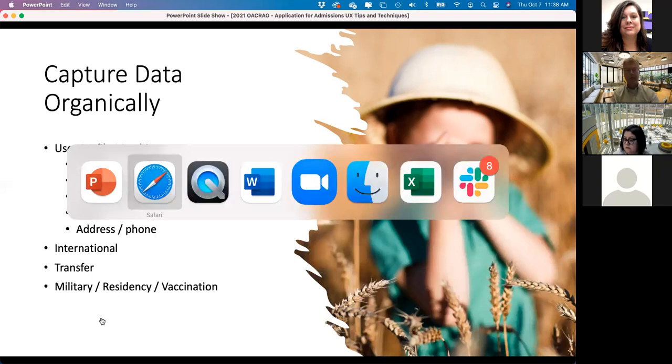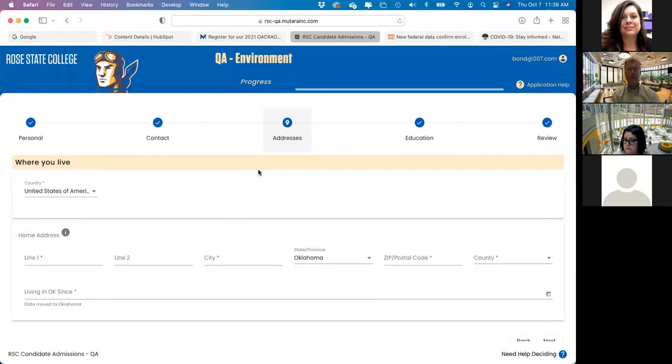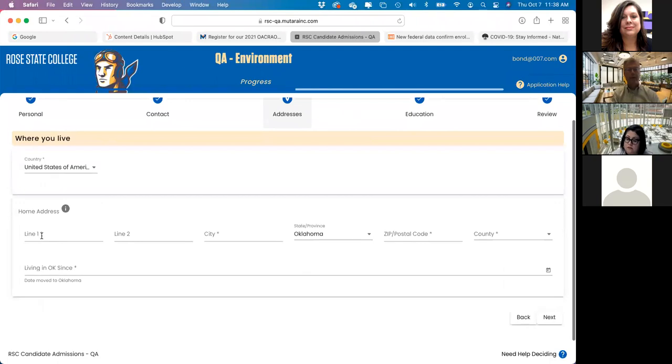So for example, if I were to go here and put in my home address, you'll notice that it says Oklahoma, and here it says living in Oklahoma since. So the idea here is that by living here now, I know that you currently have a local location.